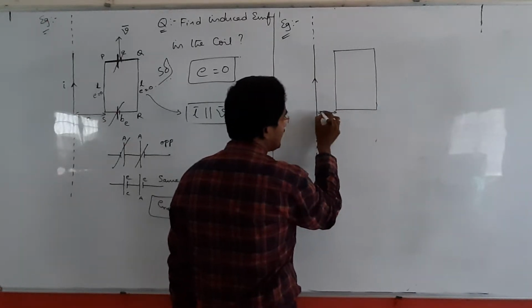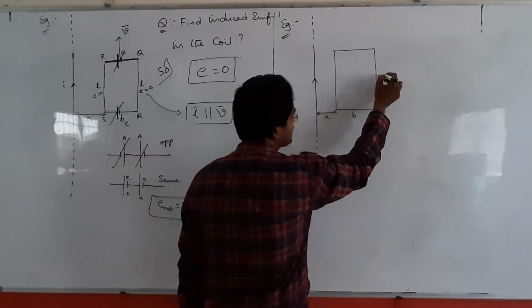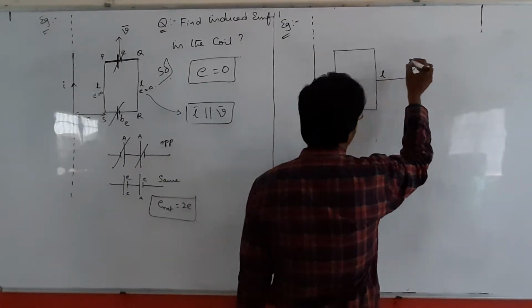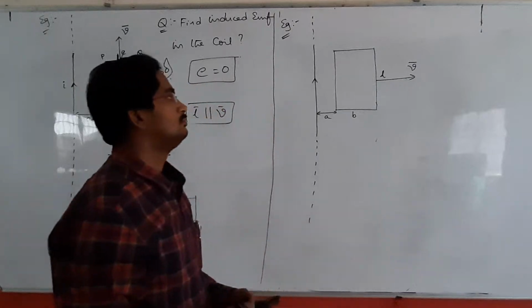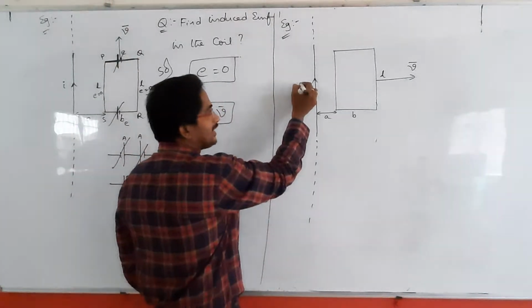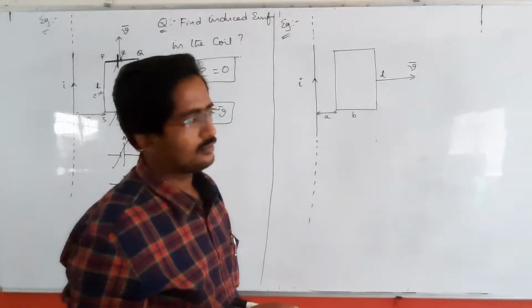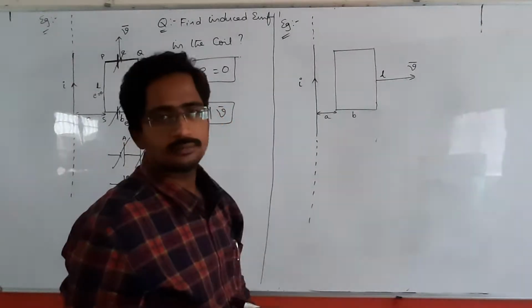It is placed at a distance of A, with breadth B and length L. Now it is moving in this direction with velocity V. The conductor is carrying the current I. What is the induced EMF across this coil?